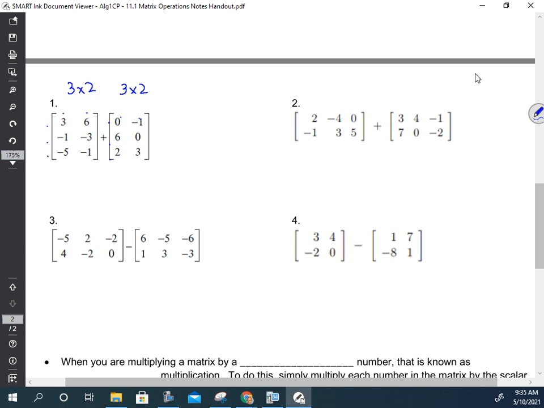We add up part by part. If you were to take the first matrix and put it on top of the second matrix, whatever it would have been on top of, that's what you add together.